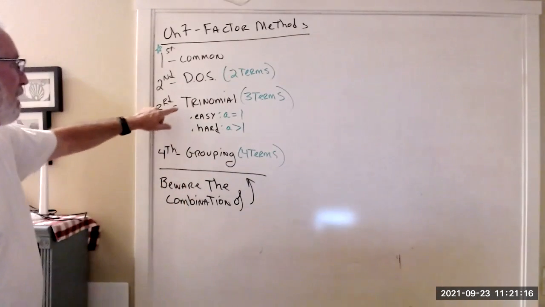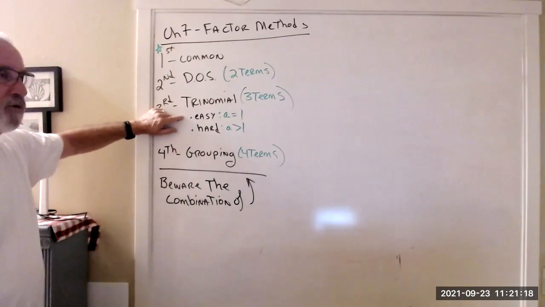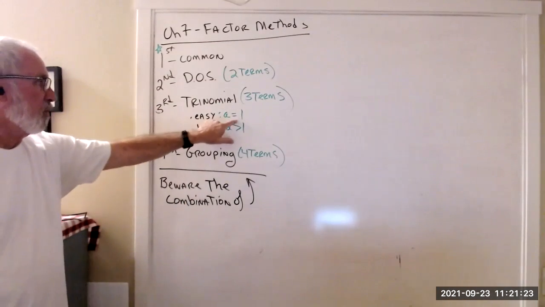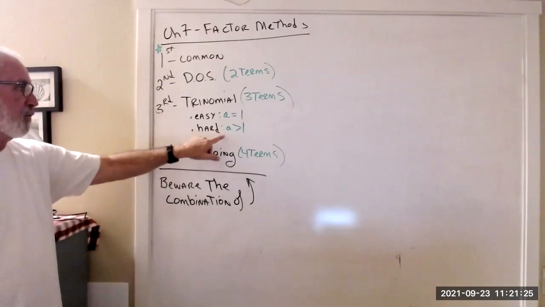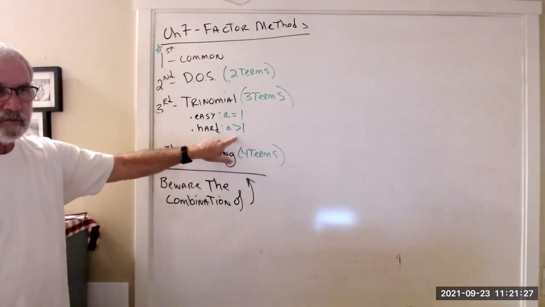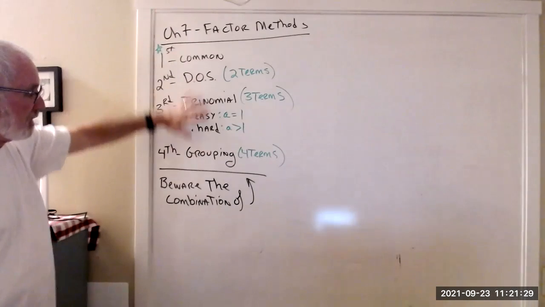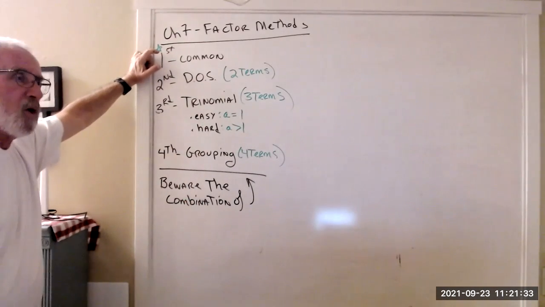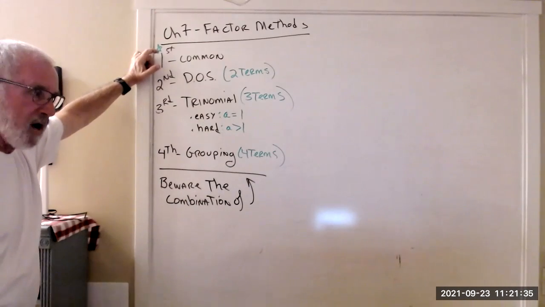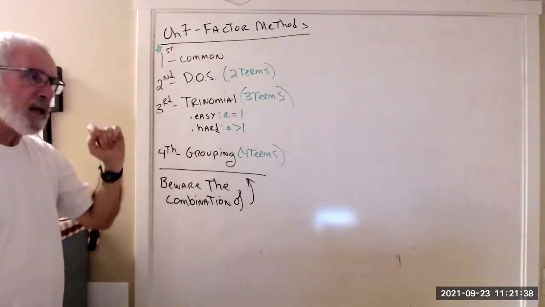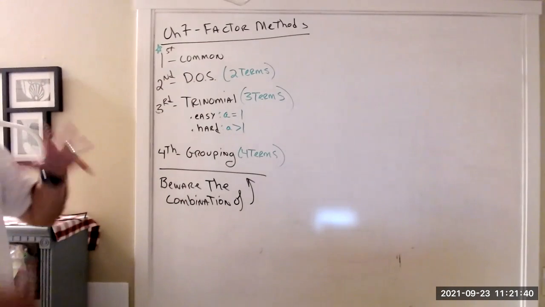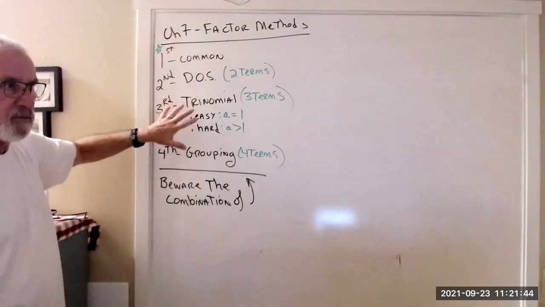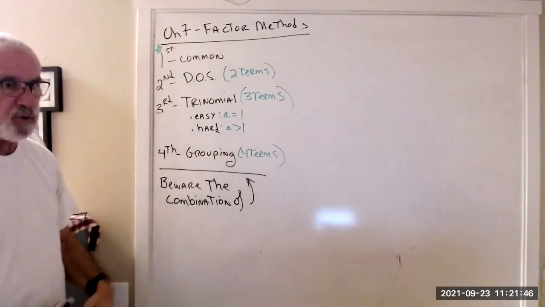The other thing in trinomials, I've identified there's easy trinomials, which is when A is worth 1, and there's harder trinomials when A is bigger than 1. So this is basically a recap of all the methods that we've been talking about. What I want to talk about now is what happens when we give you a problem that has 2 or 3 of these methods in one single problem.